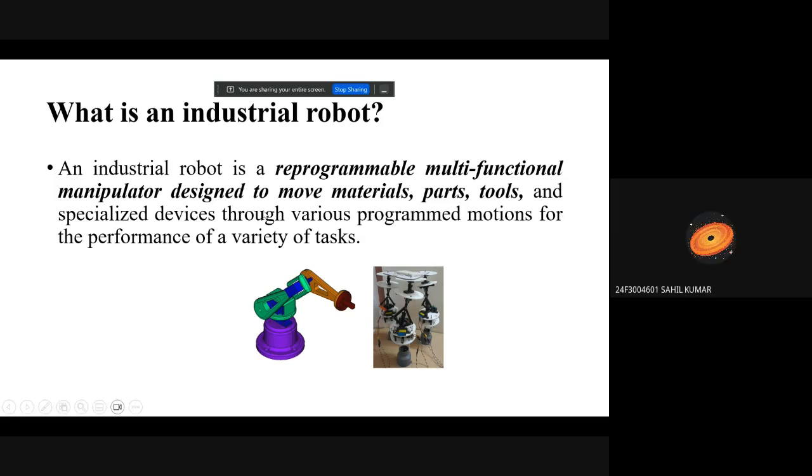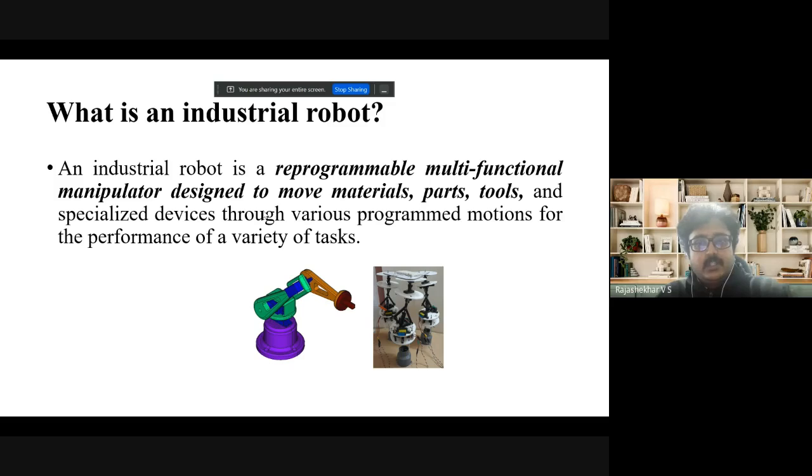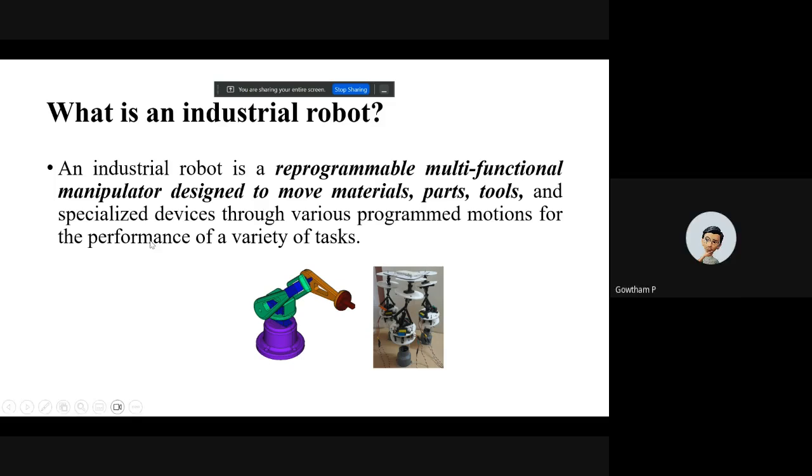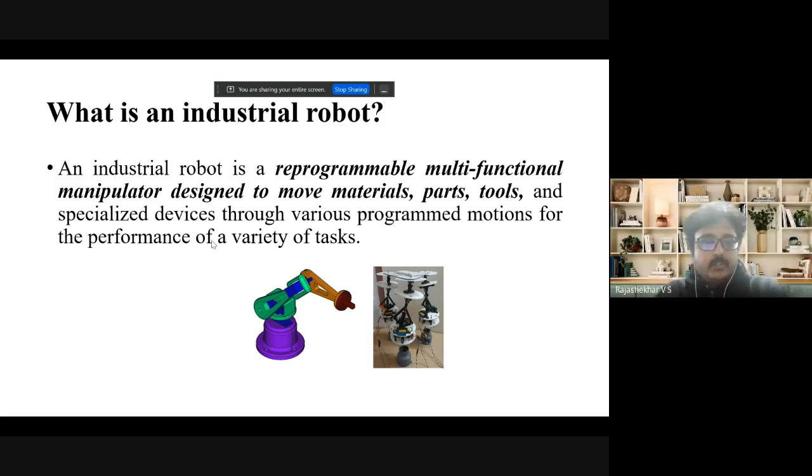Something that is meant to do the same mechanical job time and again. Okay, very good. Any more definitions from your side? Okay, a robot capable of doing precise stuff repeatedly, like for cutting, painting, and stuff like that. Okay, very good.